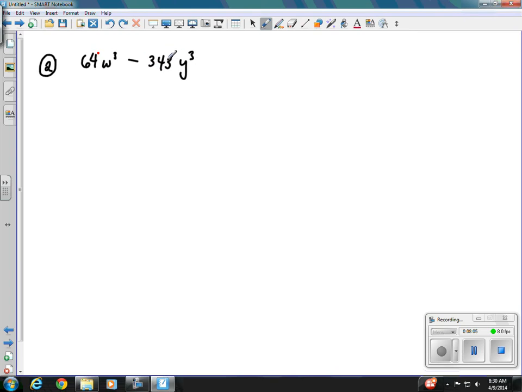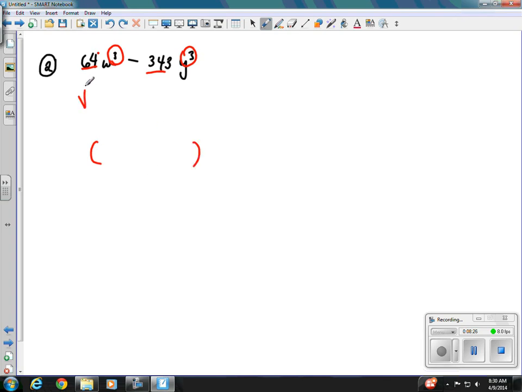So then we're going to go on. 64 is on your perfect cube list. It breaks apart into 4. 343 is on your perfect cube list. It's 7. And then w's being cubed, y's being cubed, so we're a sock and dock. Everybody's a cube.